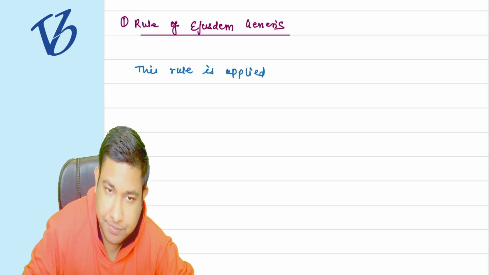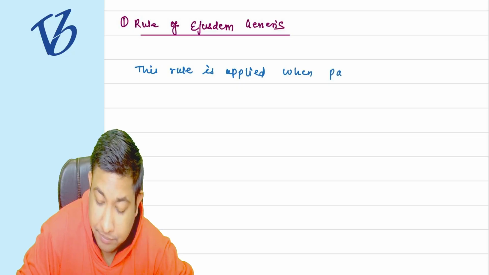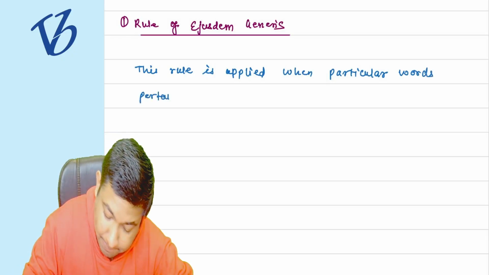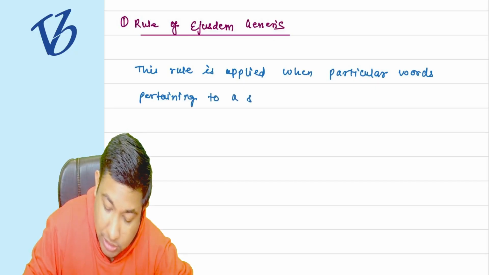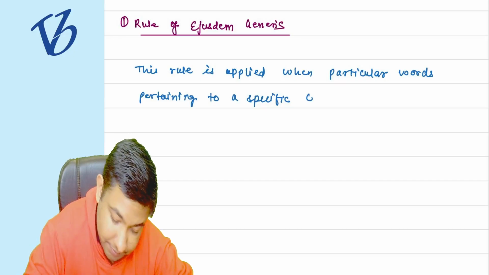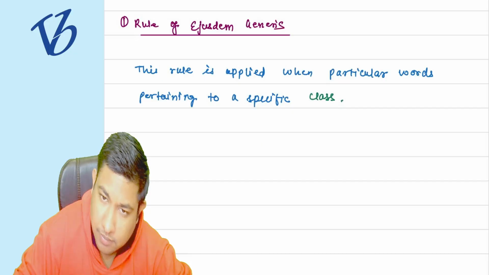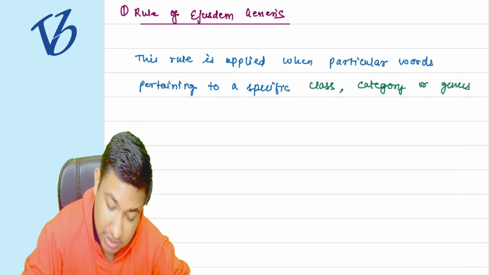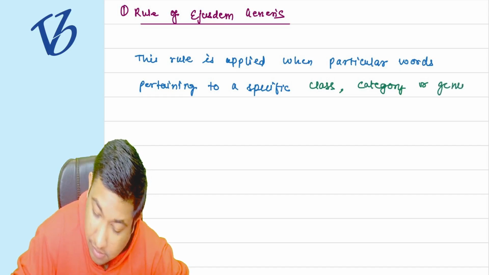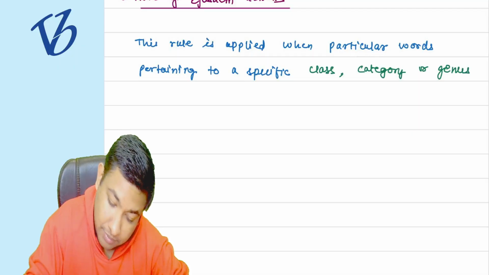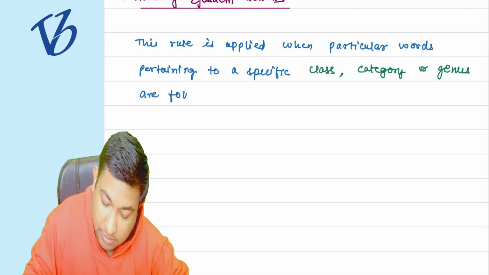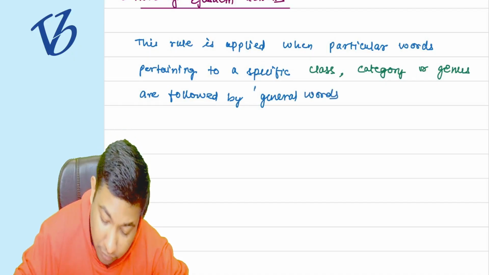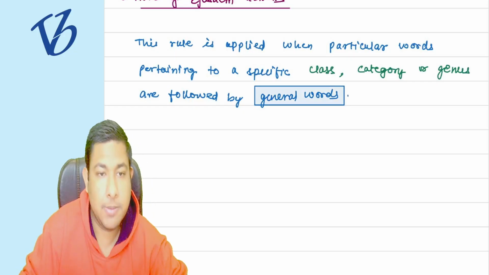This rule is applied when particular words pertaining to a specific class, category, or genus are followed by general words.